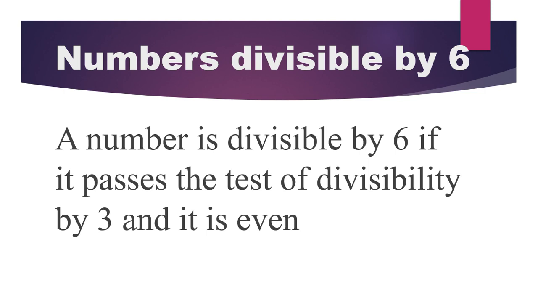Numbers that are not even are not exactly divisible by 6. The number has to be, first of all, even, and then it will pass the test of divisibility by 3. When that happens, that number is exactly divisible by 6.